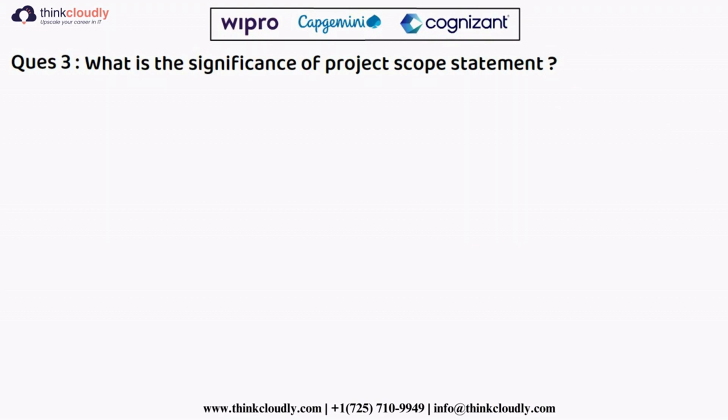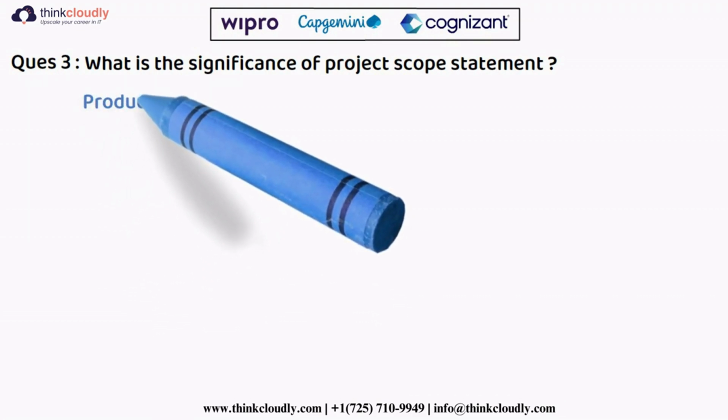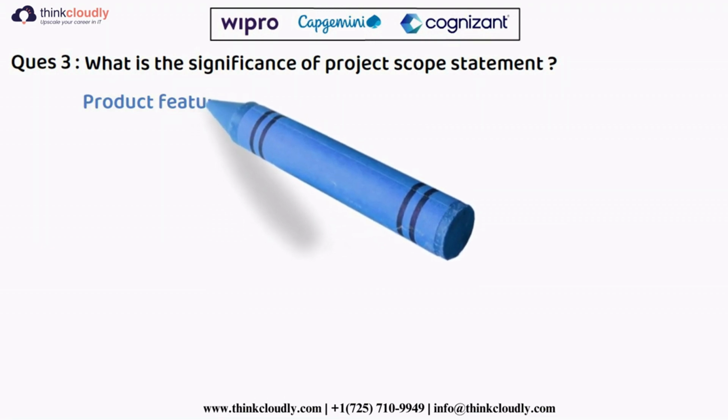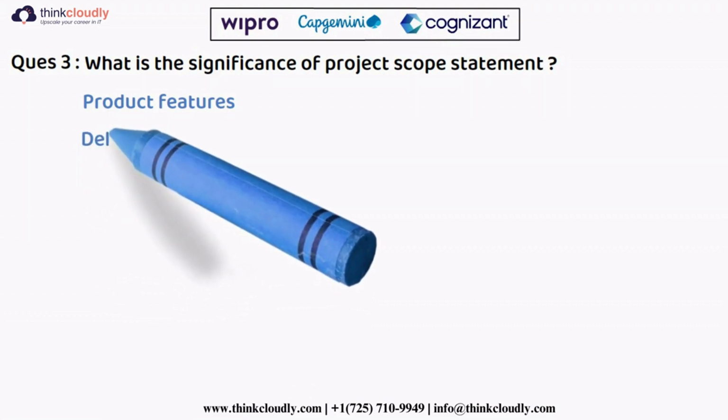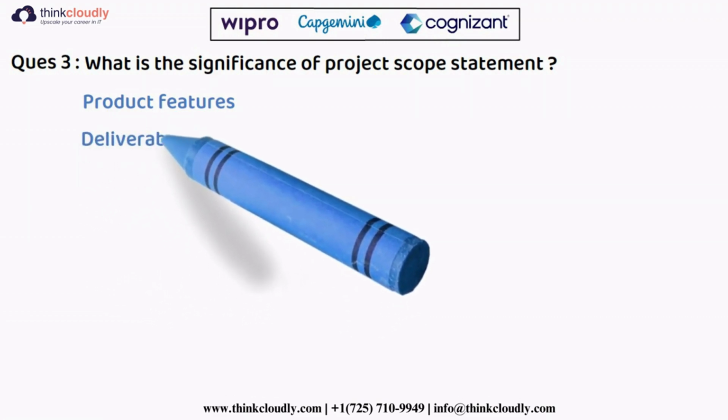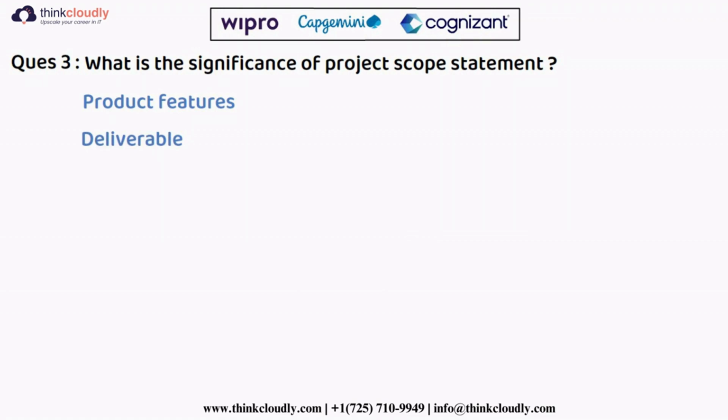The project scope statement is a document which is prepared by the project manager. In this document, we include product features, the features with which you have to deliver the product. Next, you have deliverables, what you have to give as output in the project.